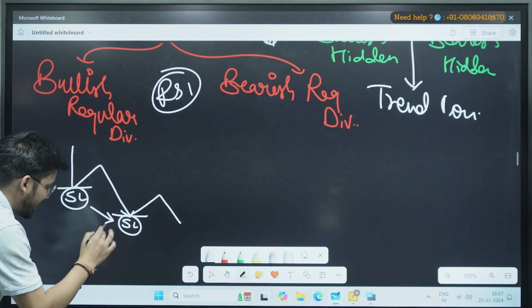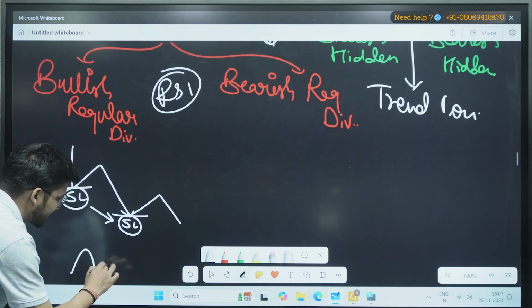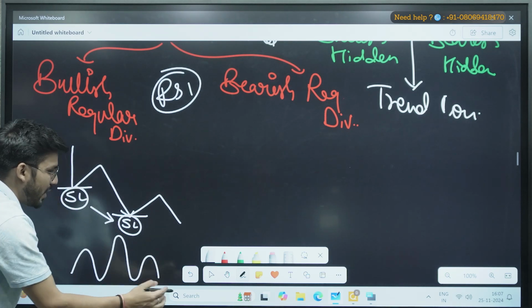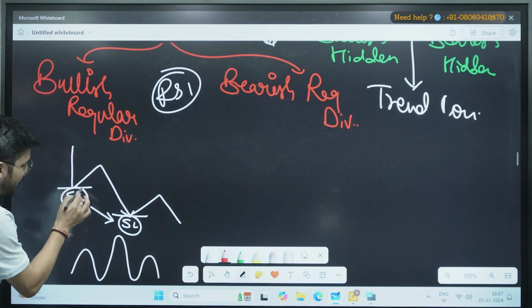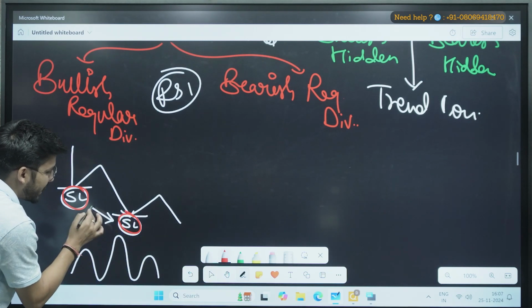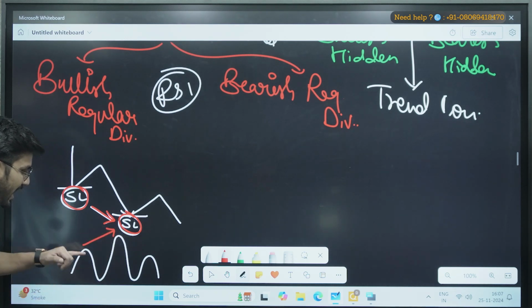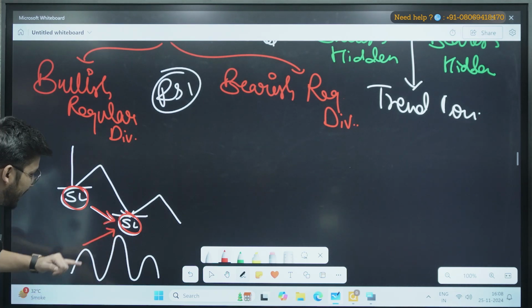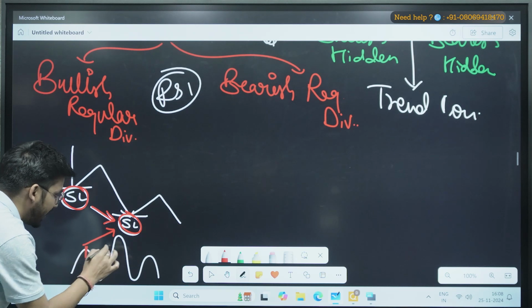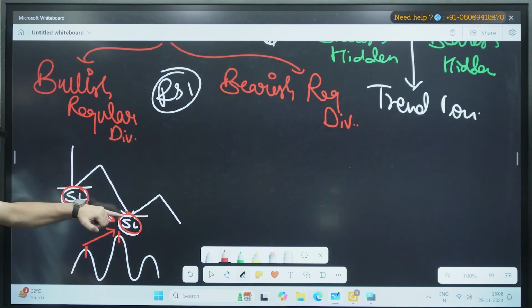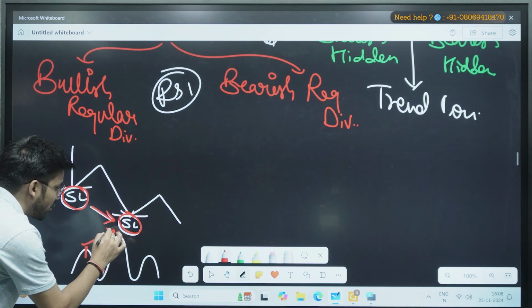Similarly, when I noticed the RSI, my RSI was moving somehow like this. At that point of time, I realized my price was moving in the downward direction, but at the same time my RSI was giving me an upward direction, because if I notice the highs of these two swing lows, my momentum was in the upward direction.